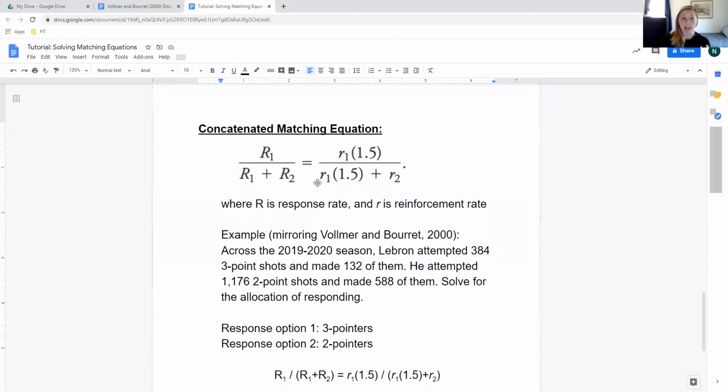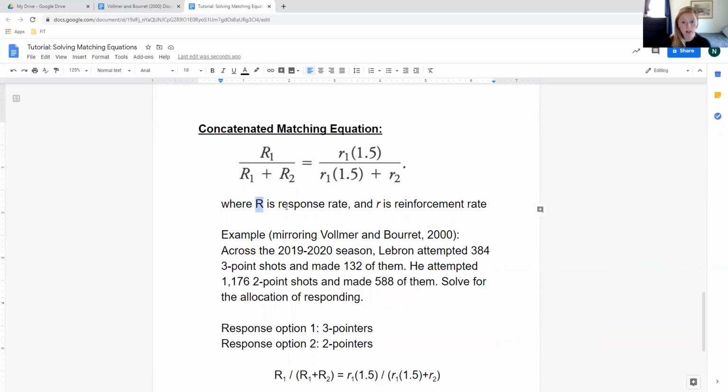Notice that it's written a tiny bit different. I want to draw your attention to a few of the things that look different but really aren't. In this case, we have the proportional response written over top of the total available responses, as opposed to having the slash division mark. That looks different, but it's not different. The other thing that's a little bit different is that they use R and lowercase italic r.